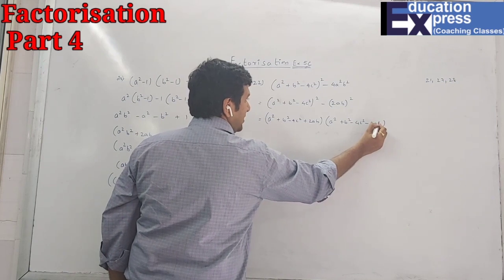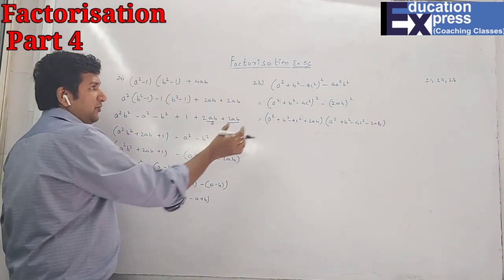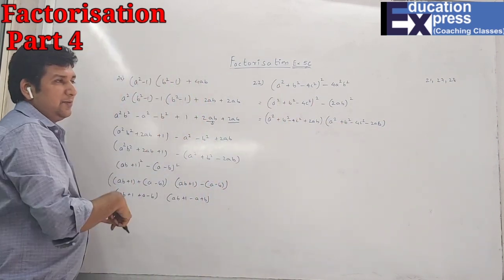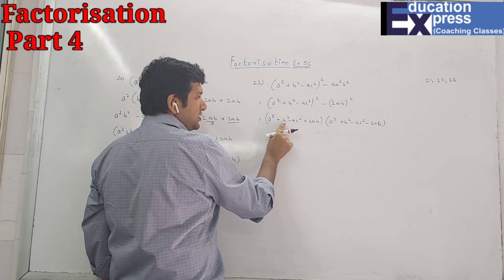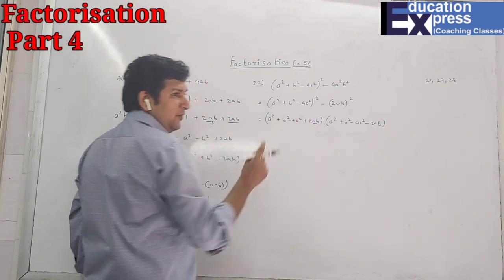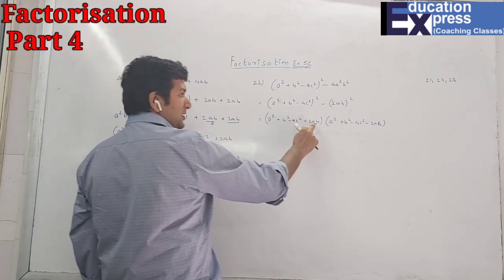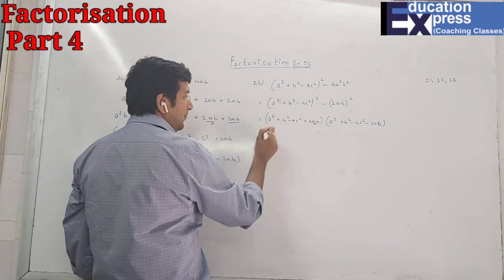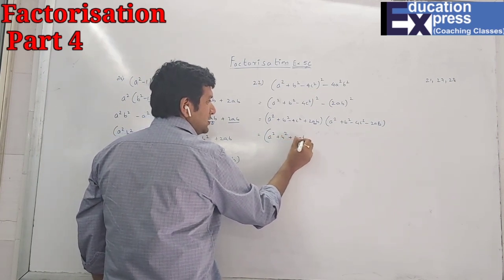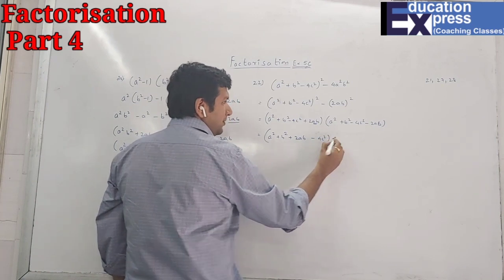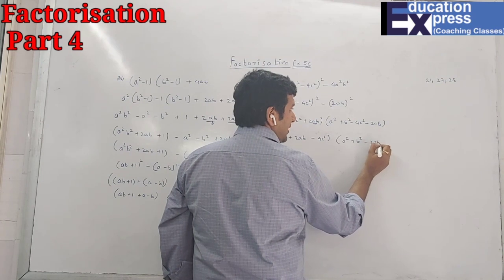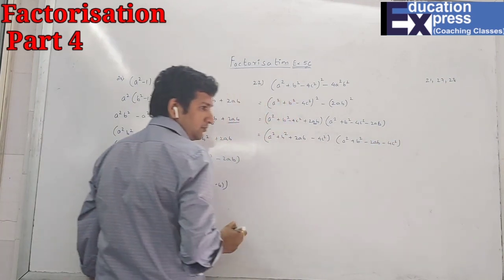So you all can see one thing now, students. After this a square minus b square, (a plus b)(a minus b), now it exactly becomes like the same sum only. You can see this has a square, square and square. Sorry, this one doesn't have a square. That means this group will include three numbers including itself. One is itself, the other will be a and b. That means a square plus b square plus 2ab minus 4c square, and a square plus b square minus 2ab minus 4c square.